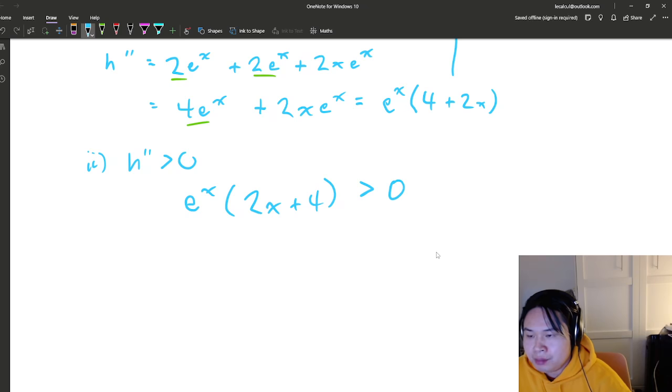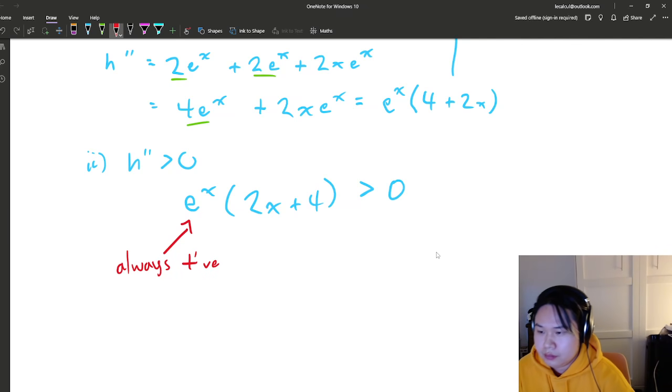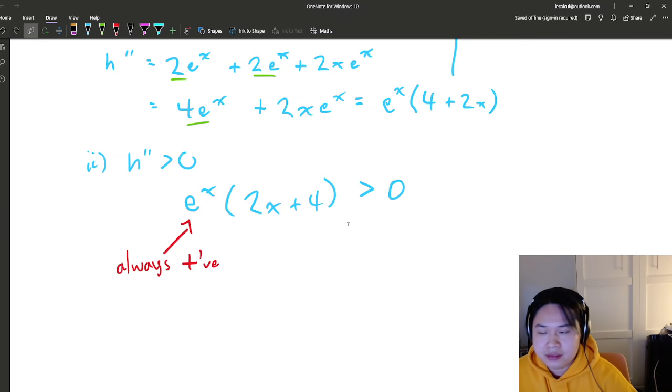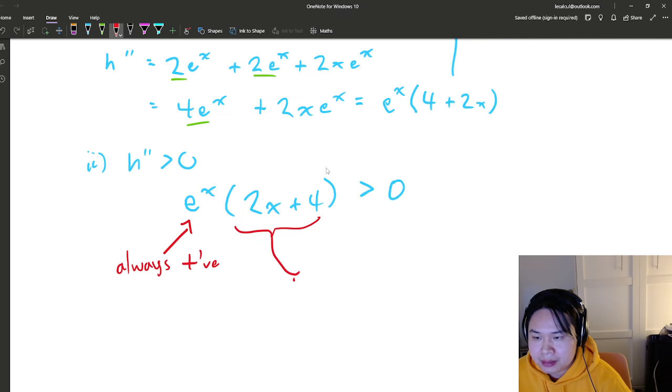Okay, so when is this positive? So again, you're gonna need to note certain things about an exponential. This is always positive. So in other words, for the entire thing to be positive, we just need to find out when the 2x plus 4 is positive.